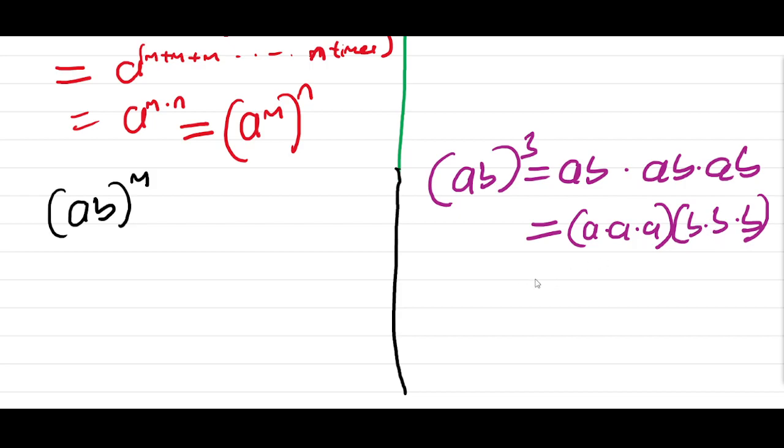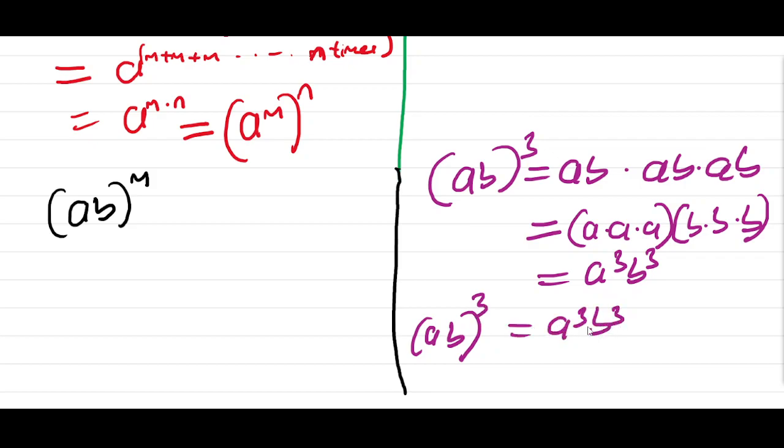So this is a to the third power, b to the third power as well. So if we have a multiplied by b, all to the third power, we can simply raise a to the third power multiplied by b to the third power. That is what this law is telling us.